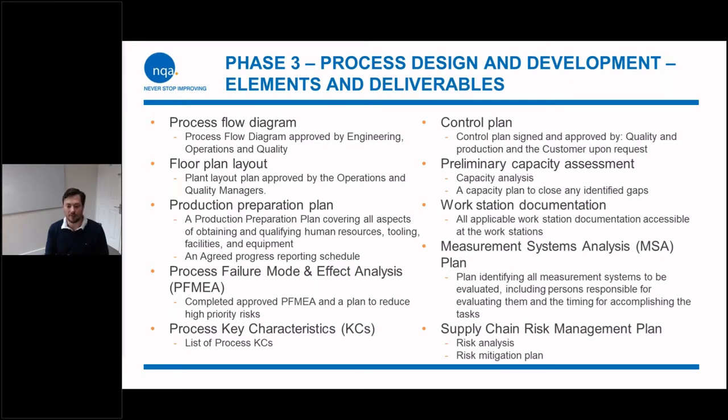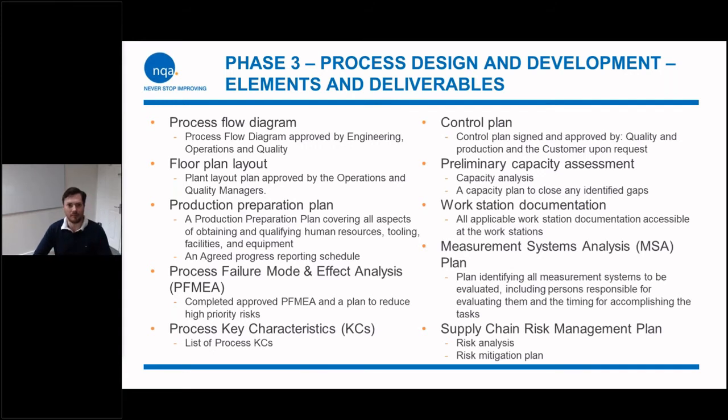Process key characteristics, identifying the key characteristics. Ask, are there any key characteristics? Very rarely do I ask a client if they've actually asked the customer if there are key characteristics. There's nothing on the drawing. Did you ask them? No. Well, maybe you should start asking those questions, because you could be looking at something and manufacturing it a certain way, and they expected one tolerance to be adhered to perfectly and the others don't matter so much.